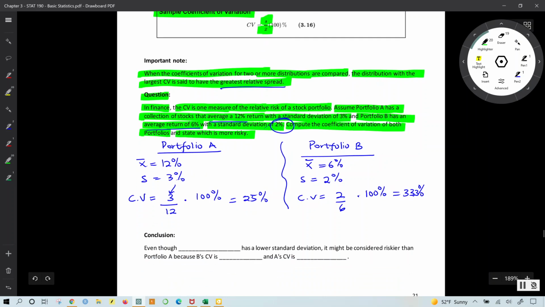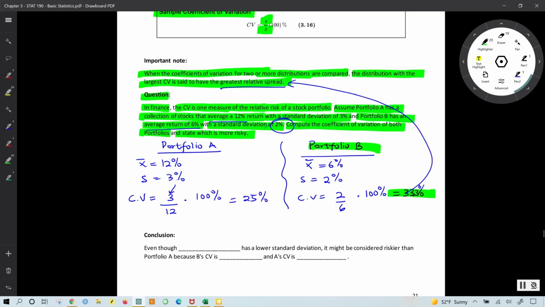Well, it appears that portfolio B has a greater coefficient of variation. Take note, since that indicates that it has more spread, it means it is more variable or less predictable, and so it is more risky.